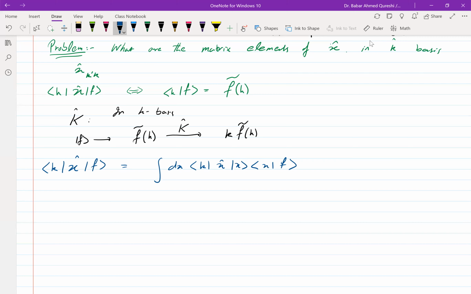Let me just go on the right-hand side and see how it looks like. So this picks out x because x is an eigenvector of x hat. And this is just f of x. And this is just e to the minus iota kx.